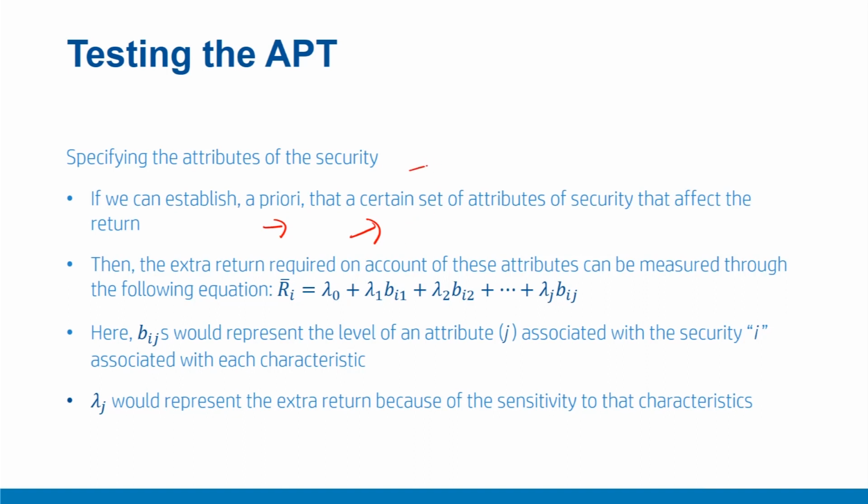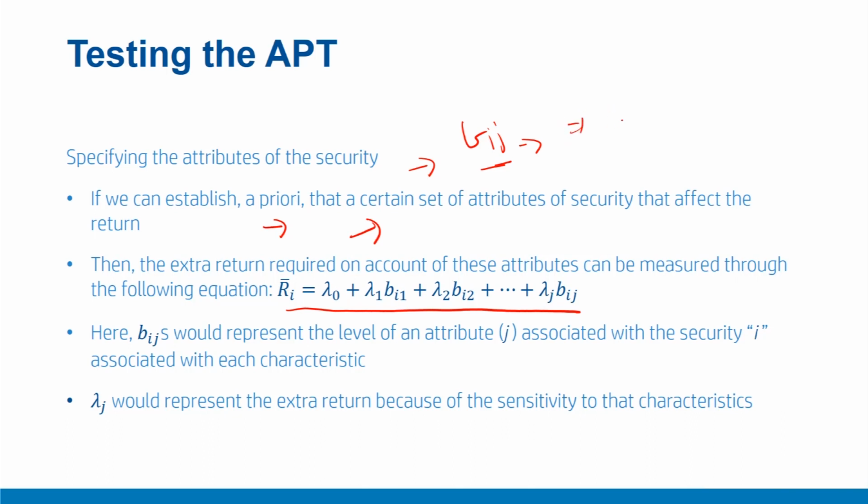And once we specify these attributes, for example, we can specify the expected level of dividends from a security as Bij. Once you specify the level of attributes, here Bijs are not necessarily the sensitivities, but certain specific attributes of a security. And then the extra return required on account of these attributes can be measured or estimated with the help of this APT equation. Again, remember, Bij here is a level of attribute associated with security i for that characteristic.